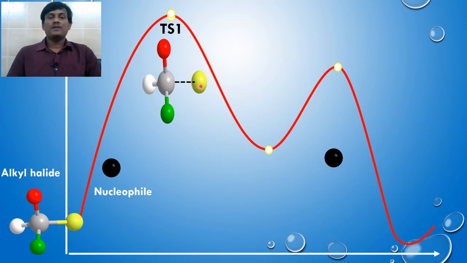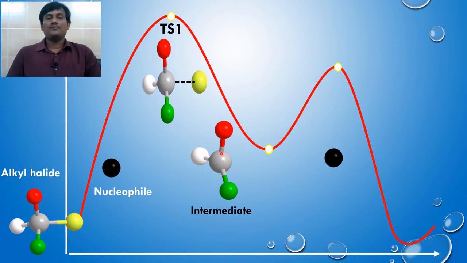After that, there is a complete dissociation of the bond between carbon and the leaving group, and there is a formation of a carbocation intermediate. This is the sp2 hybridized trigonal planar carbocation.